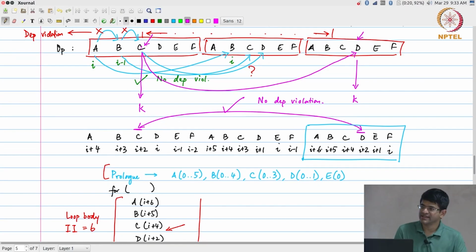All that I care about is it is sufficiently back in the past so that there is no dependency violation. In other words, Ci is done and guaranteed to be completed before Di needs to start. So, as long as I can push Ci back by sufficient number of iterations, that there is no violation of this constraint, it will work.